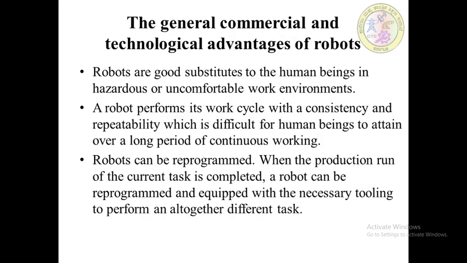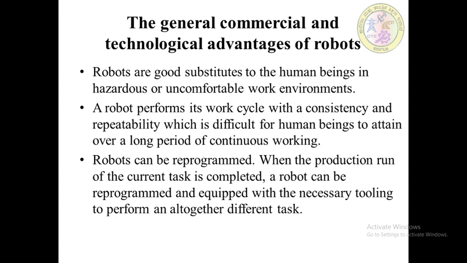And what are the general and commercial technological advantages of robots? Robots are substitutable for human beings in hazardous and uncomfortable working environments. As I already said, industry has to utilize this opportunity to improve the productivity of its product.